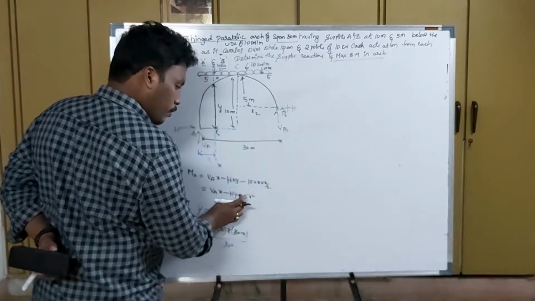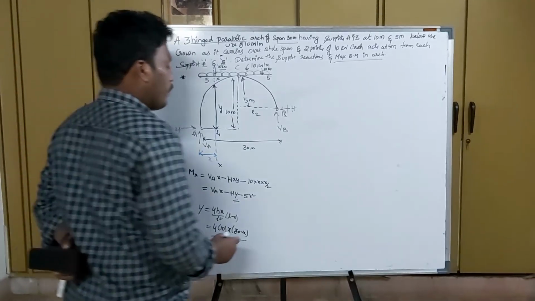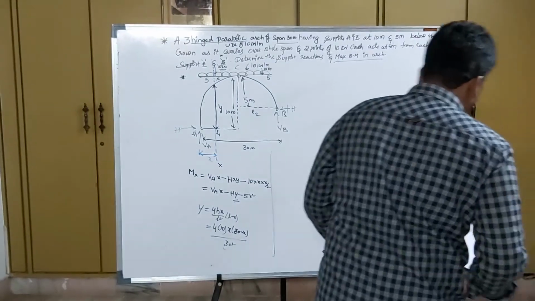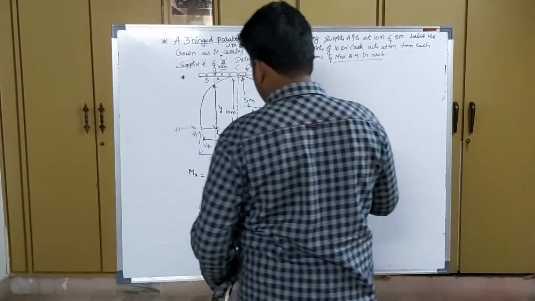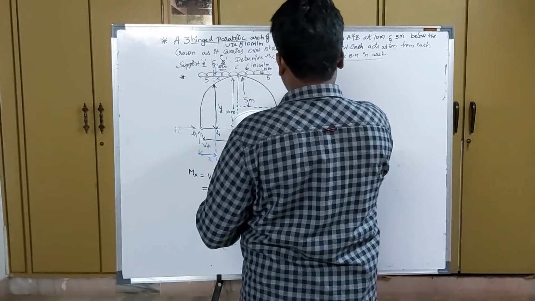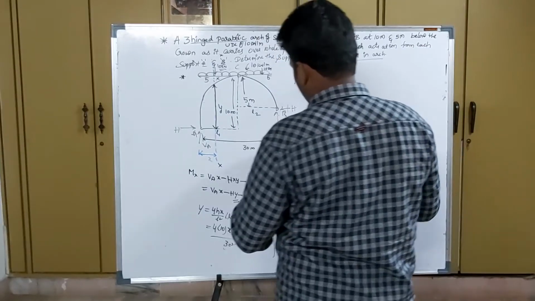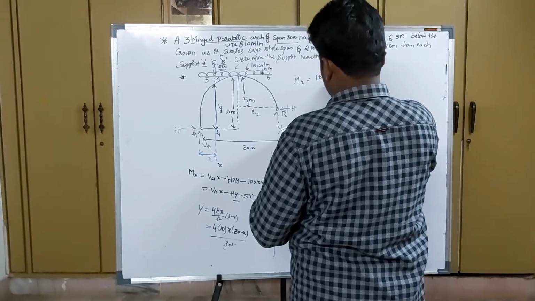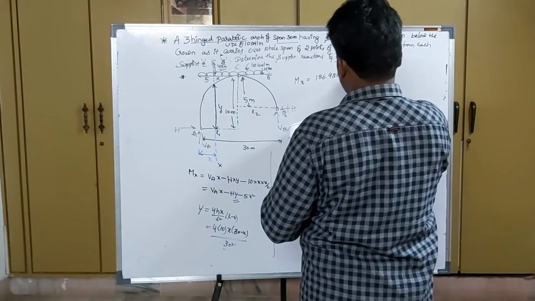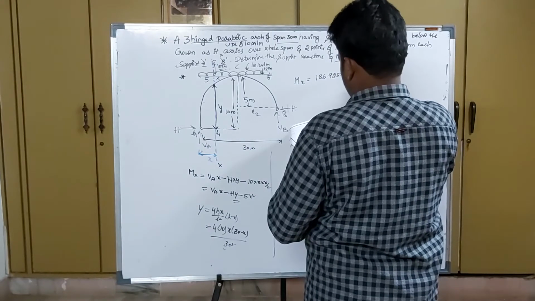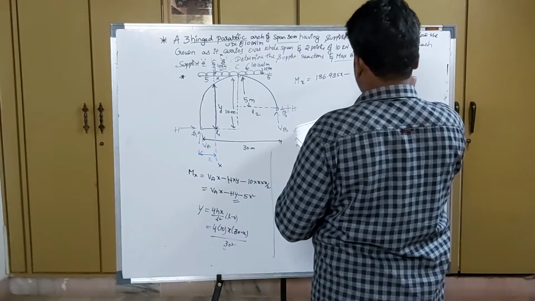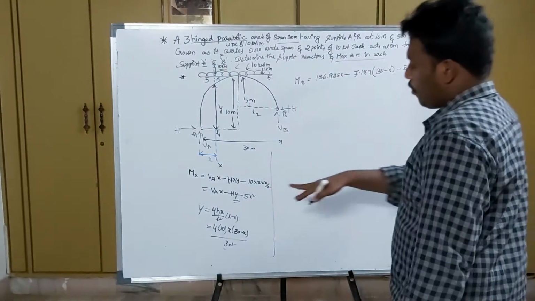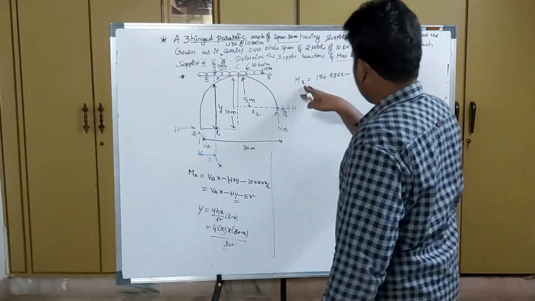Substituting this value in this equation, we'll get Mx in a different combination of terms, where, by further simplification, substituting the value of VA also, Mx will be equal to 186.925x minus 7.18x into 30 minus x minus 5x square. This will be the general equation after substituting the values of y, H, VA in terms of x.